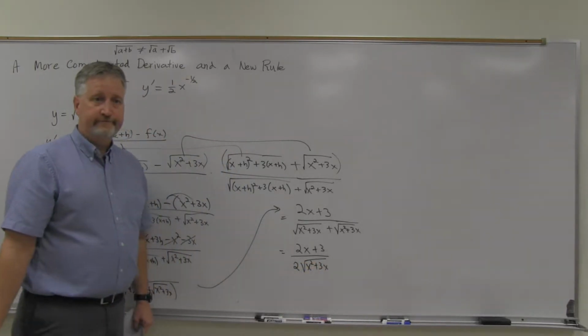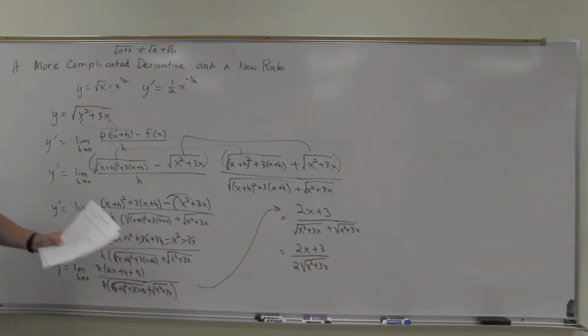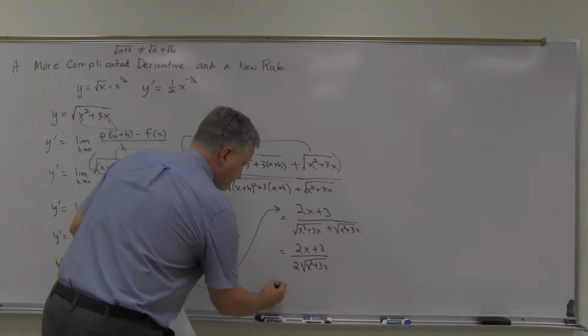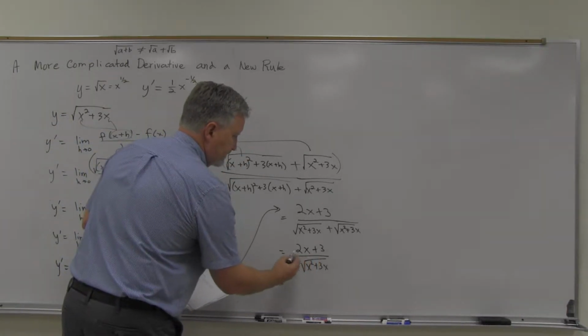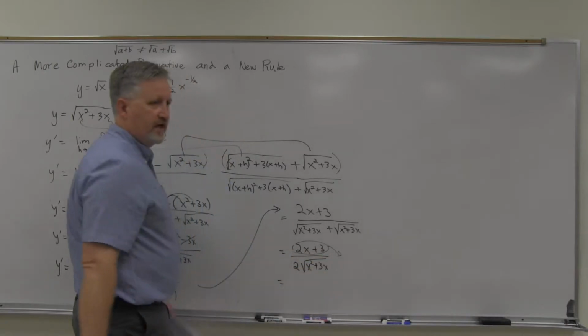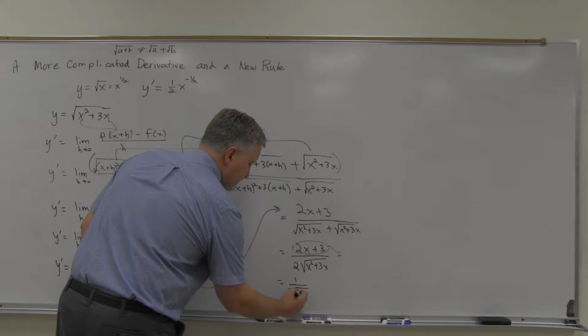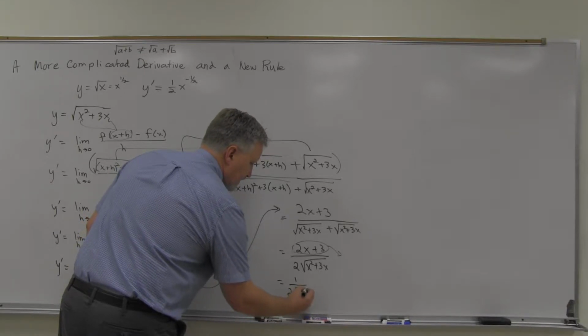So far, so good. Make sense so far? All right. Well, on line 9, what I did is I separated this out a little bit. Basically, on line 9, all I did was I pulled that over to the side there and put a 1 over 2 times the square root of x squared plus 3x.